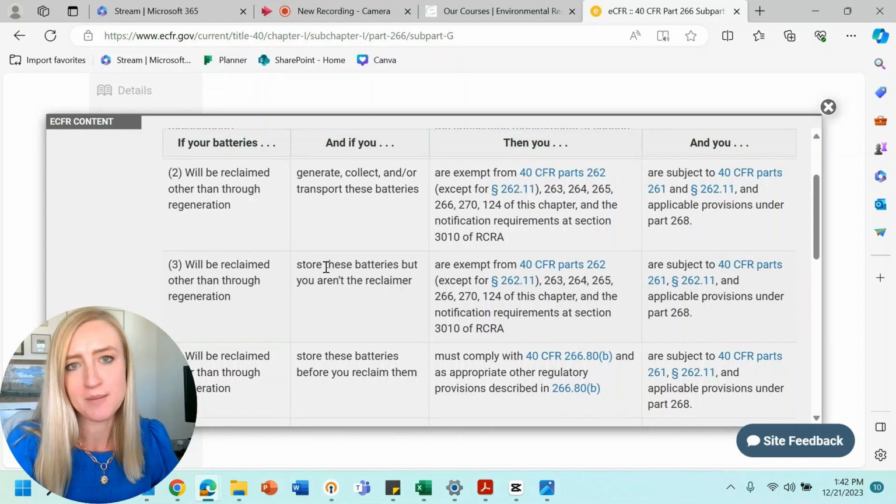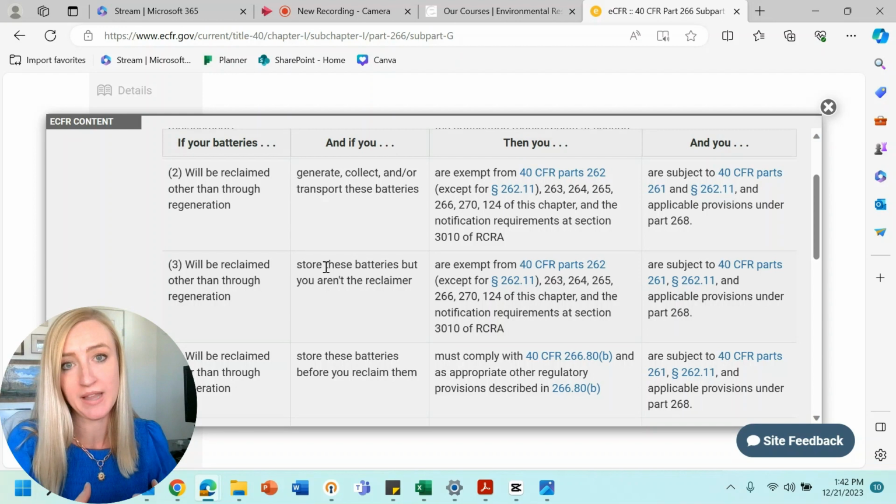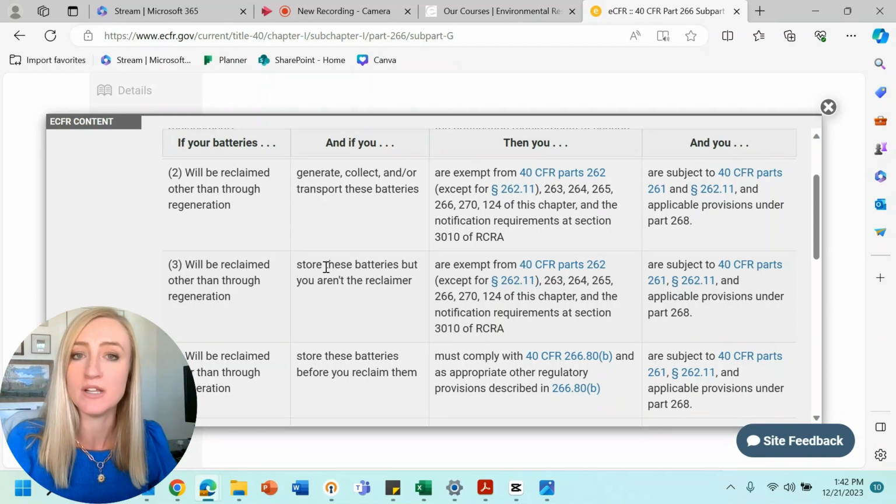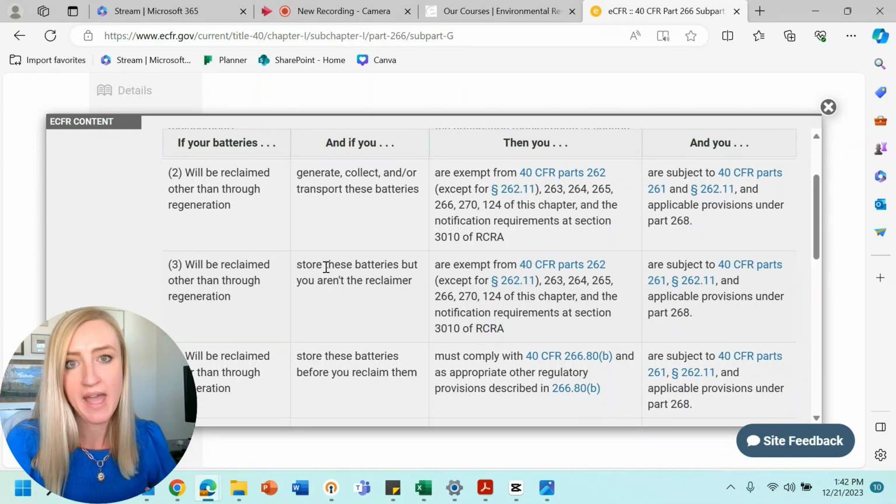The great part about this is many of the sellers of these lead acid batteries will take your batteries back for no cost. They have to collect a certain amount of lead acid battery cores. Everything they sell, they have to kind of have a one-to-one thing. So they have their own set of regulations they're complying with. And that is why they are willing to take batteries managed under this section for free.